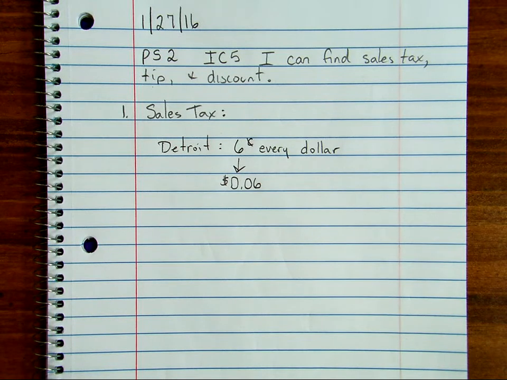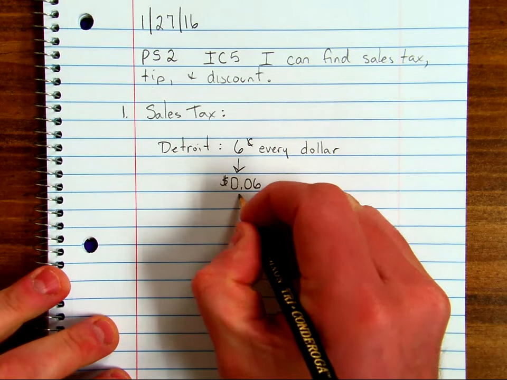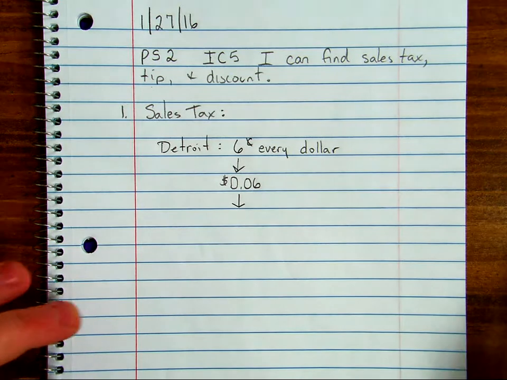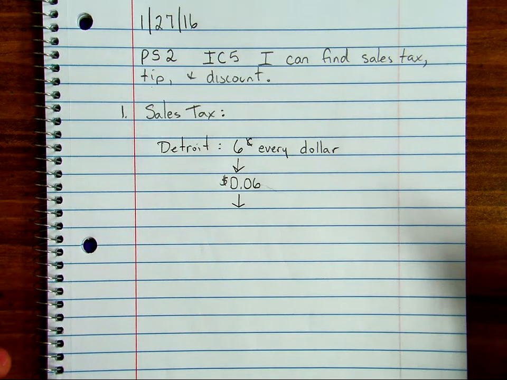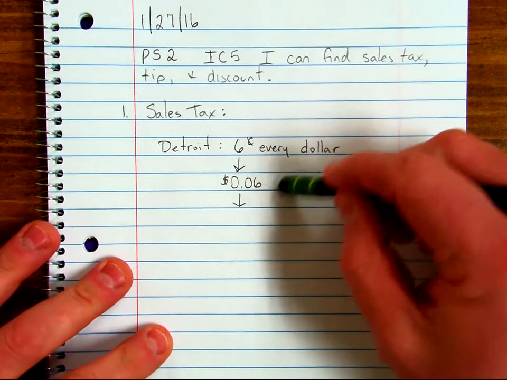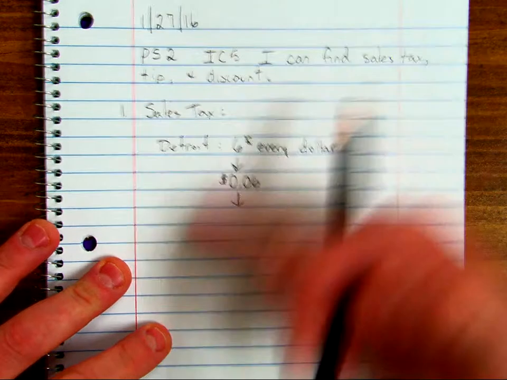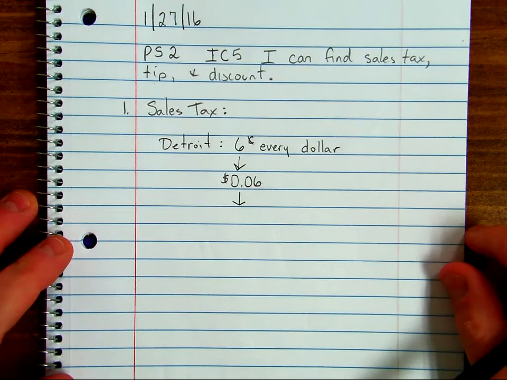So if the sales tax in Michigan, or Detroit, is 6 cents for every dollar, what percentage is that? What percentage is this? 0.06? Yeah, what percentage is that? 0.06%. No. Nick. 6%.